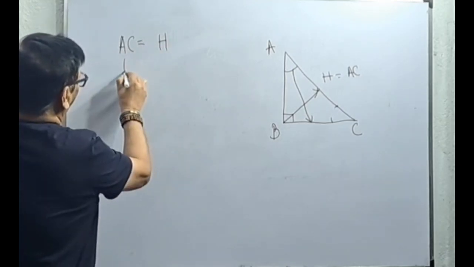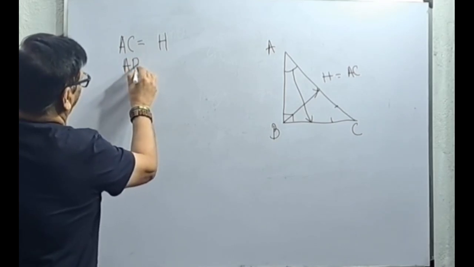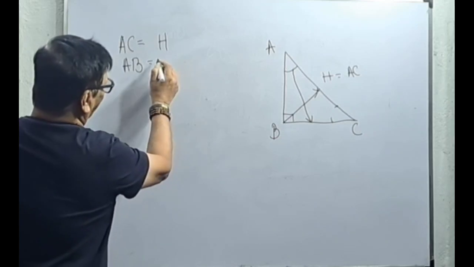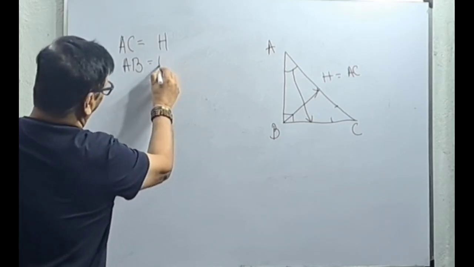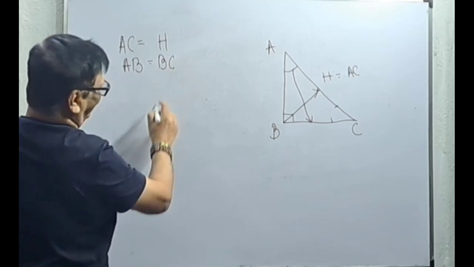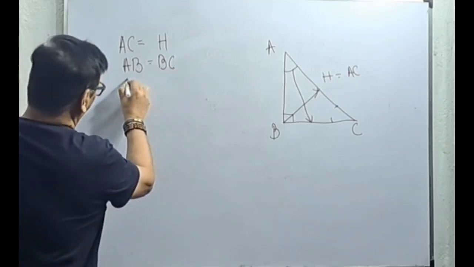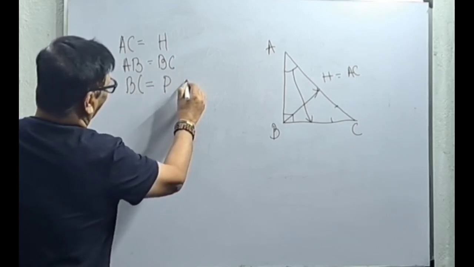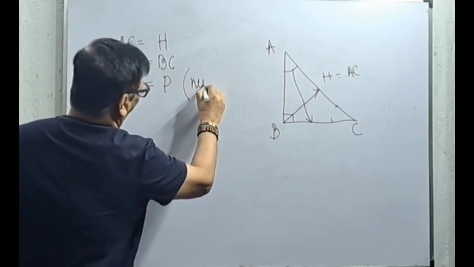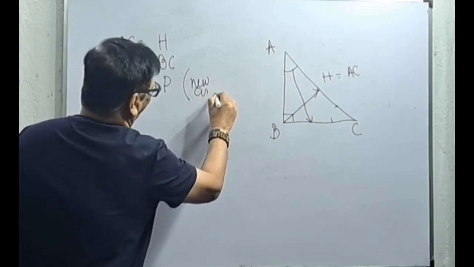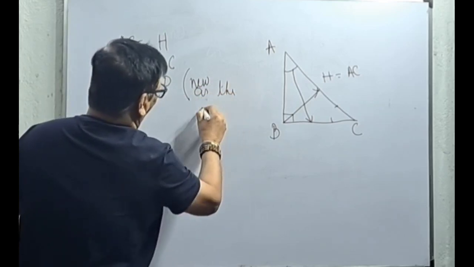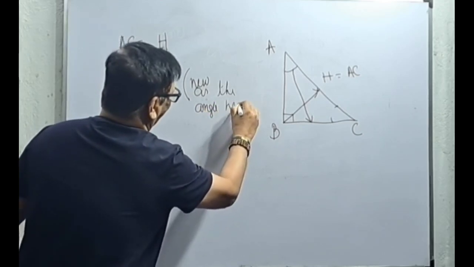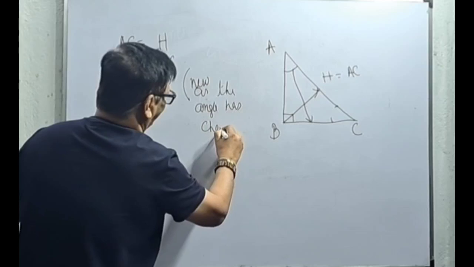Now AB is no longer the perpendicular; it is the new base, and BC now becomes the new perpendicular, as the angle has changed. Correct?